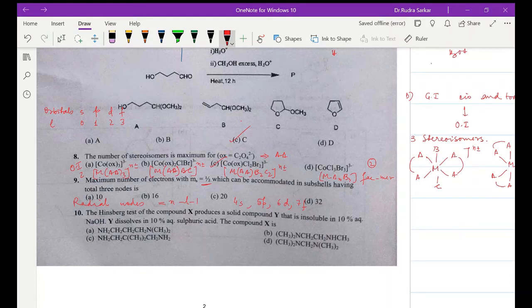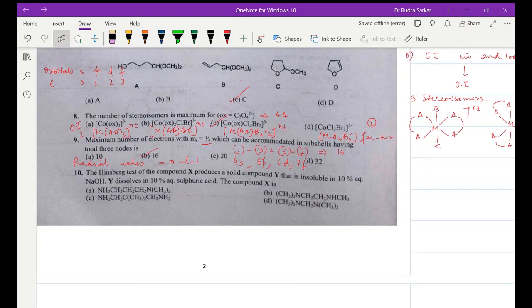That means here we are going to have 1 electron, here we are going to have 3 electrons, here we are going to have 5 electrons, and for 7f it is going to be 7 electrons. And if you add all these, the value comes out to be 16. So the maximum number of electrons with ms plus half which can be accommodated in subshells having 3 nodes, the answer is going to be 16.